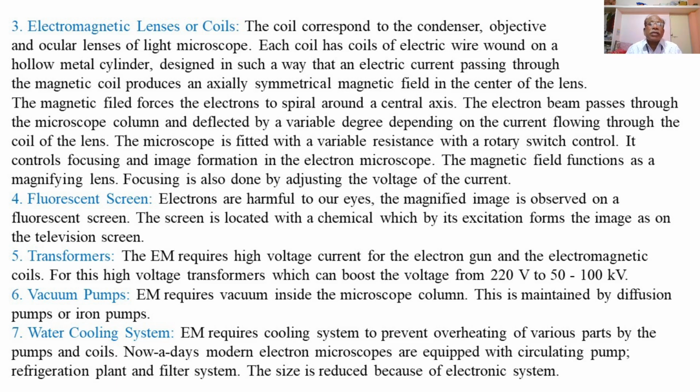Instead of looking at the image through an eyepiece from the top of the microscope, it is observed on the fluorescent screen. Electrons are harmful to our eyes, and the magnified image is thus observed on a fluorescent screen.